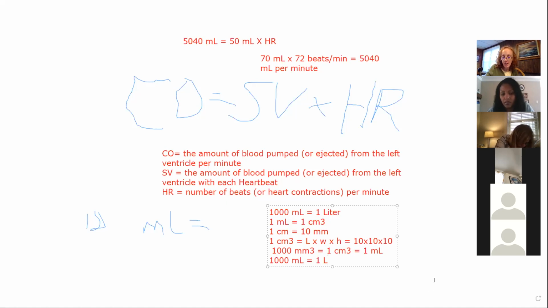So if we take this number right here, 1,000 millimeters cubed, and times it by 1,000, we're at 1 liter, right?